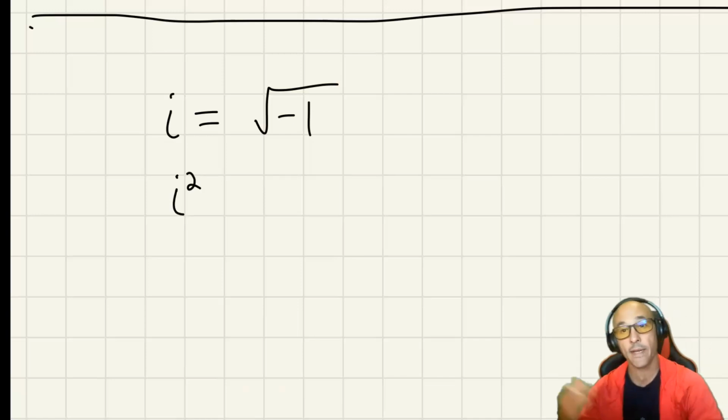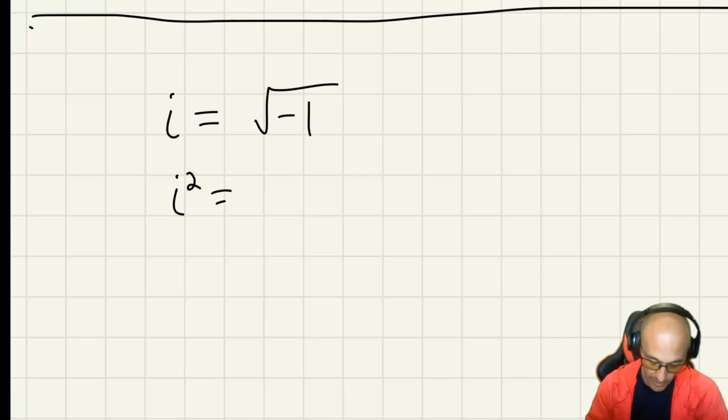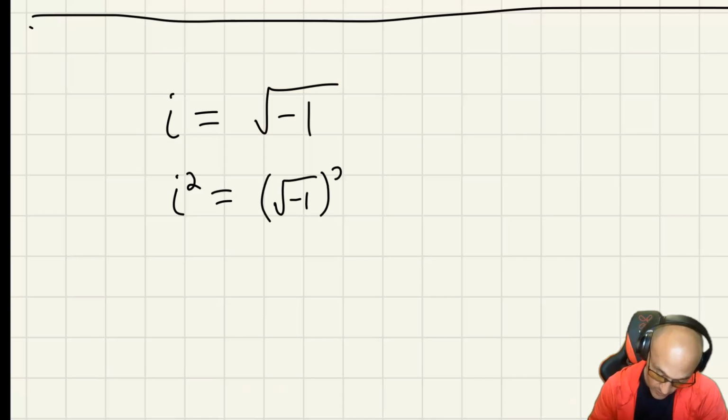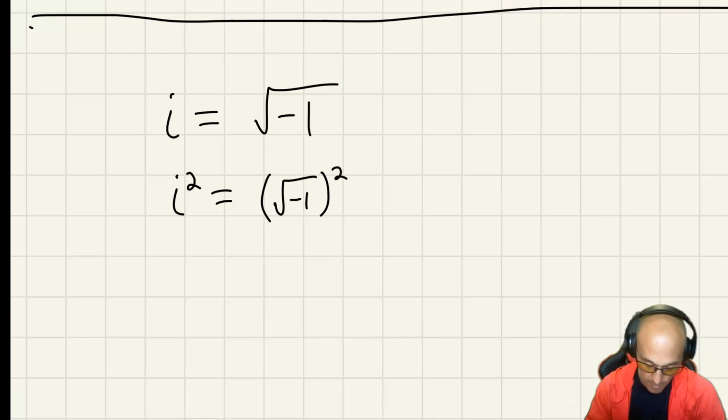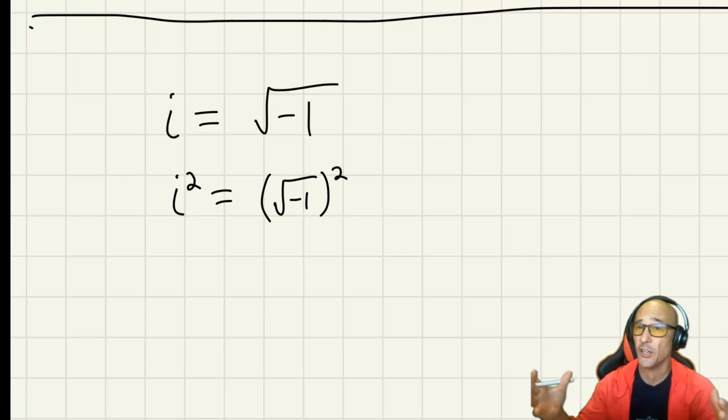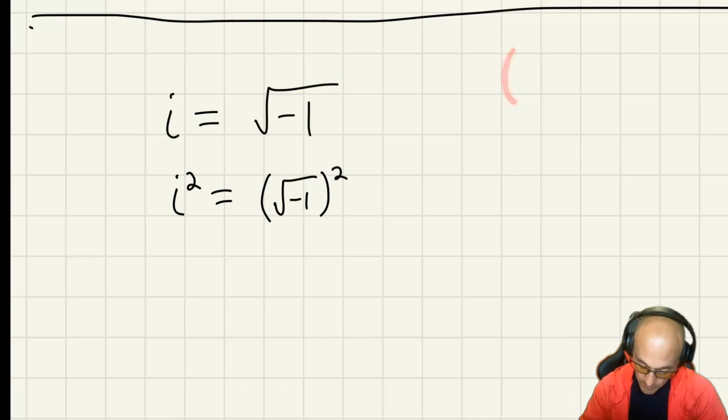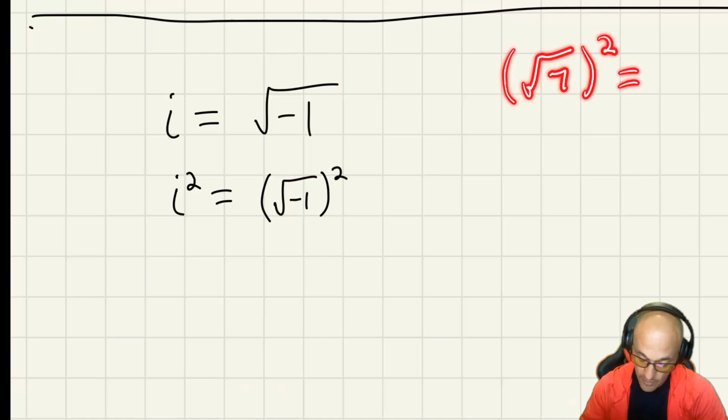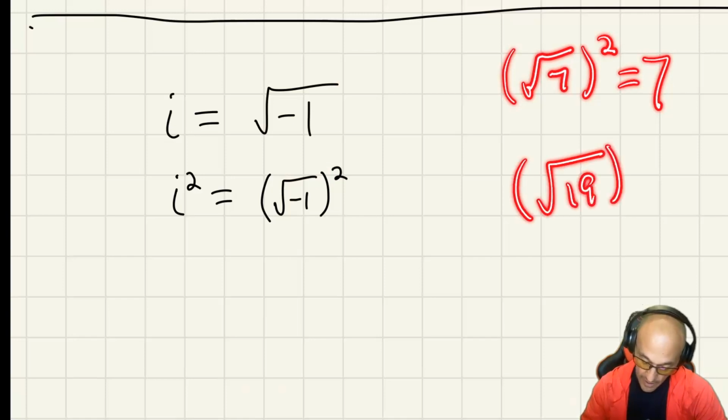The result of that is, when we think about i squared, what we're saying is square root of negative 1, squared. And it's important to remember that squaring and square rooting are inverses of each other. They undo each other. So if we have the square root of 7, and that whole thing is squared, then the result is 7. If we have square root 19, and that whole thing is squared, then it's 19.